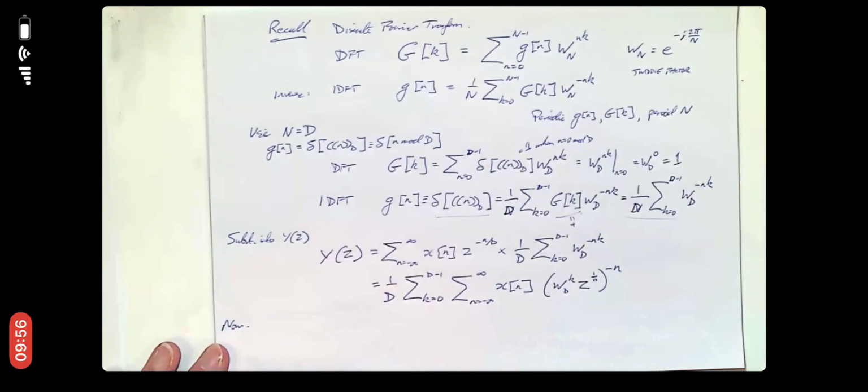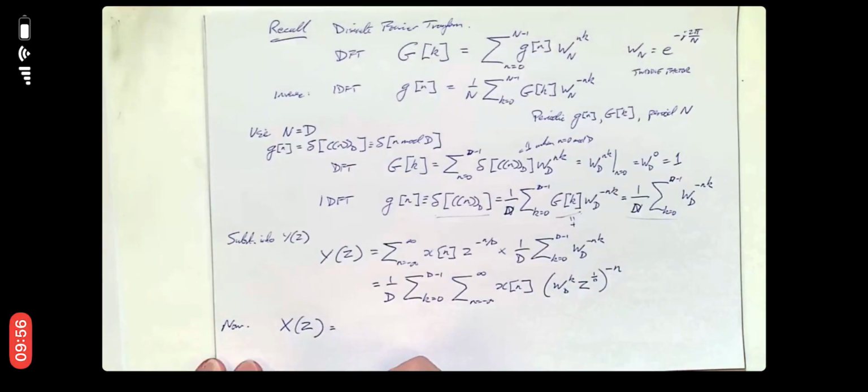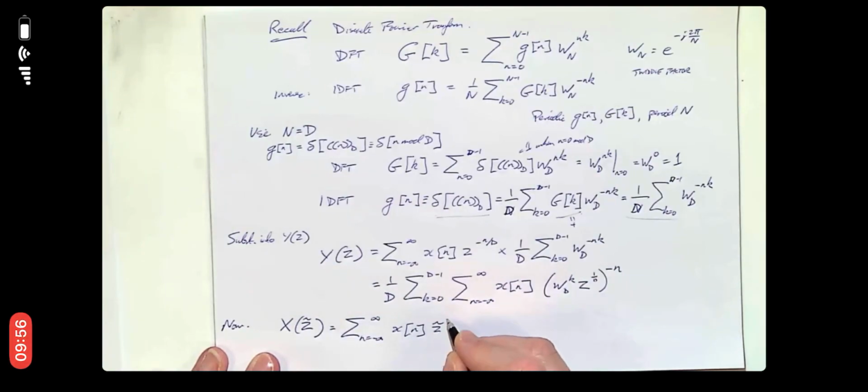But if we want to compare this to a normal Z transform, X of z is equal to the sum from n equals minus infinity to infinity x of n, let's call this one z tilde, z tilde to the minus n.